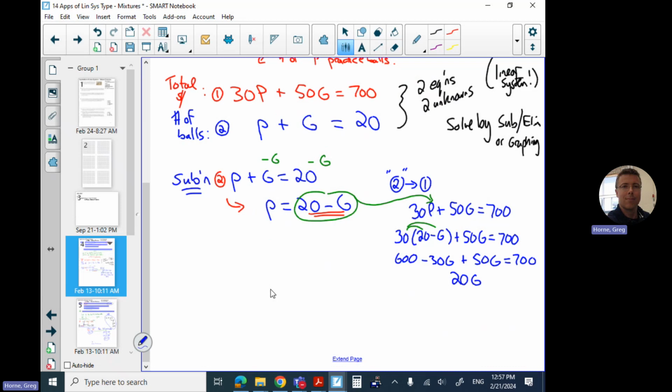So we're going to have the 600 plus the 20G from combining the G's, and take away the 600 from both sides. And that leaves 20G equals 100. We just divide both sides by 20.